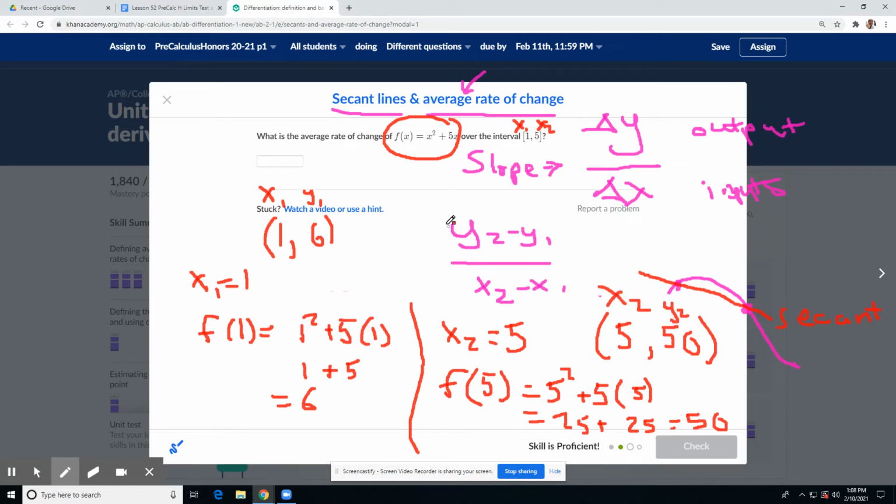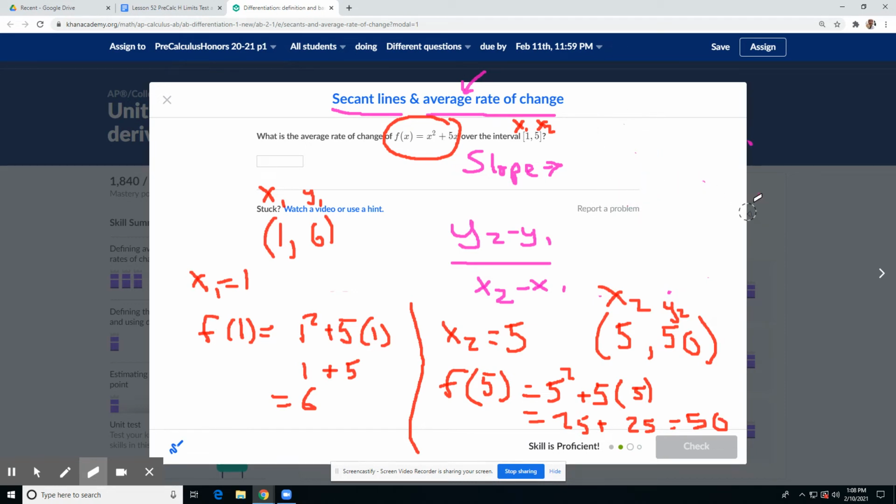Now we just plug it into our slope equation. Let's clear the secant picture out of the way, and the outputs and inputs, and just break down what slope is.